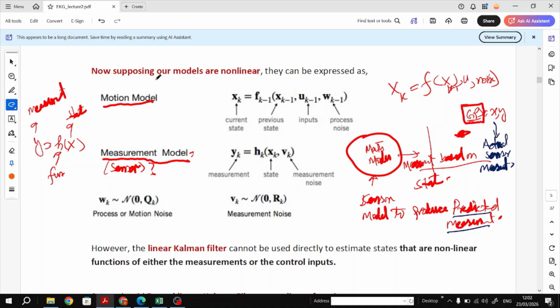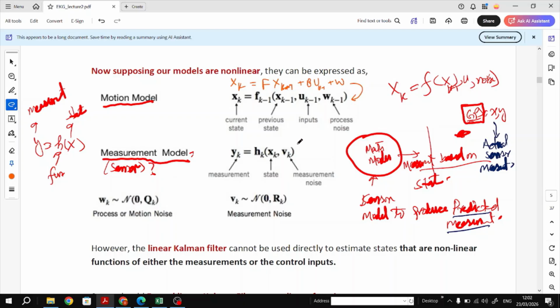But previously in the Kalman filter we wrote this expression as a linear function, for example x_k, we write it like F x_{k-1} plus, let's say, B u_{k-1} plus some noise. So this is the linear version, but this is the nonlinear version.